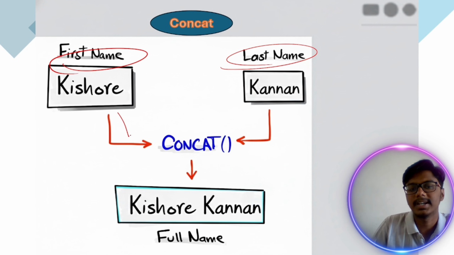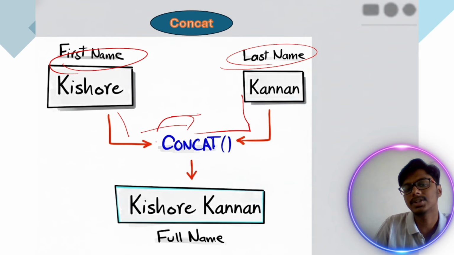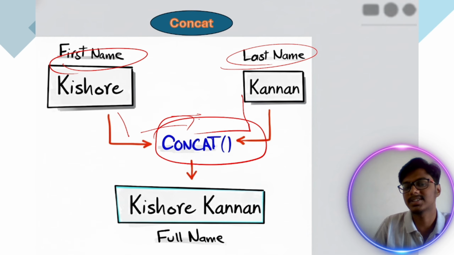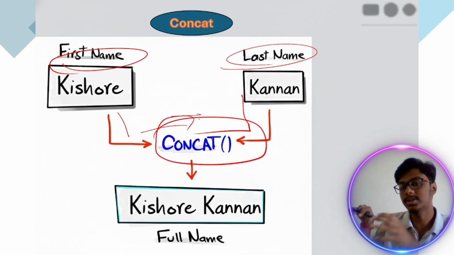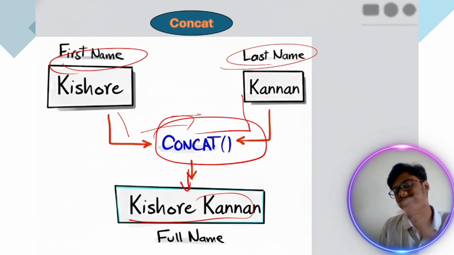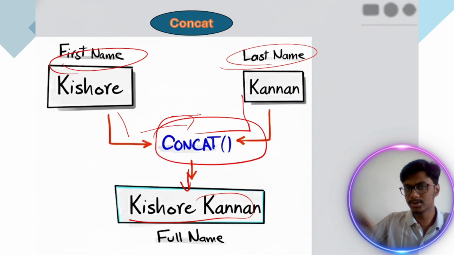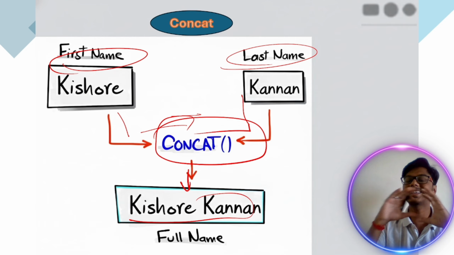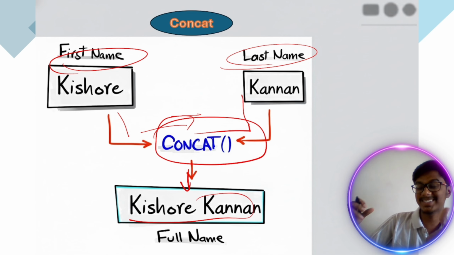If I give these two strings to the concat function, it will give as output Kishore Kannan, which is my full name. If we give Kishore and the last name Lytics to the concat function, we get the channel name. Subscribe to the KishoreLytics channel.